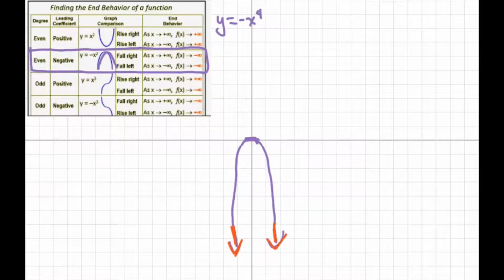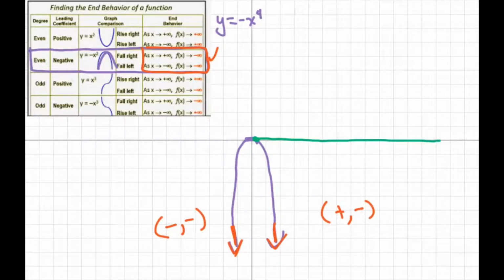And all this means is when we graph our polynomial, we're going to be starting in quadrant 3 and ending in quadrant 4. And so we're going to be looking at this part right here. And all this part means is, as x values get larger and larger, our y values get smaller and smaller.